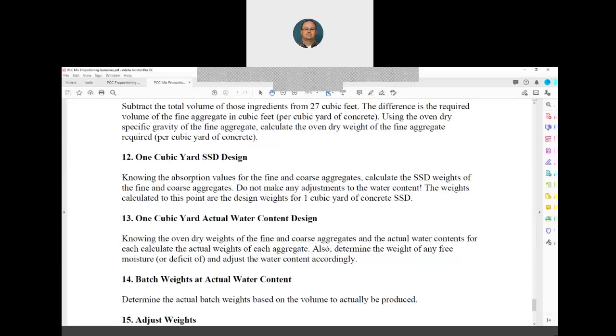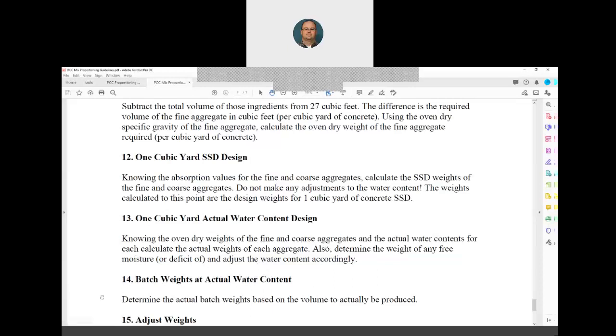So basically in a design example, if we need 270 pounds of water, depending on our water content and our absorption, we may have to subtract mix water from that, or we may have to add mix water to make sure we have enough water to hydrate that.